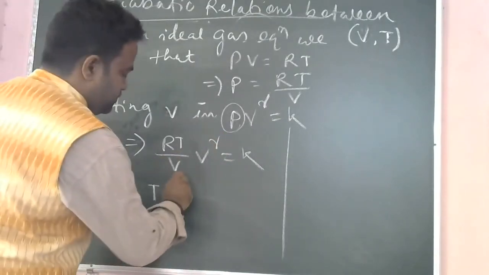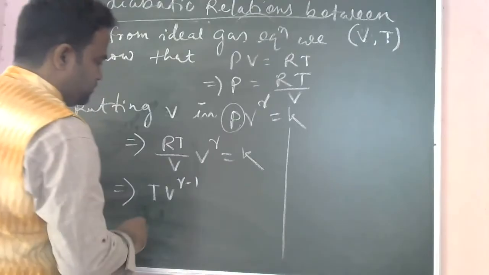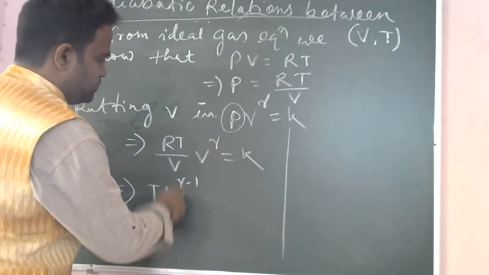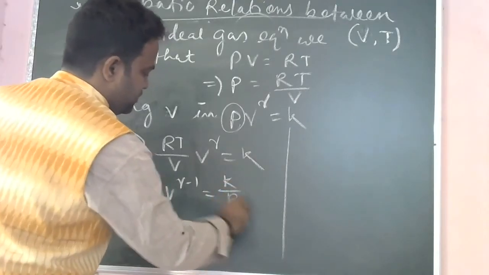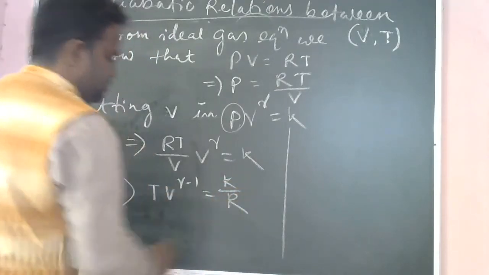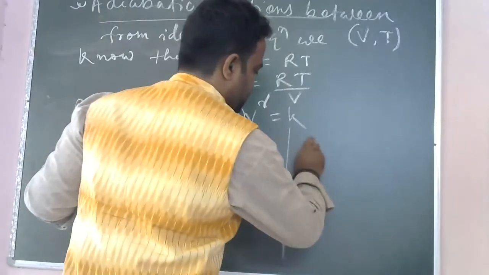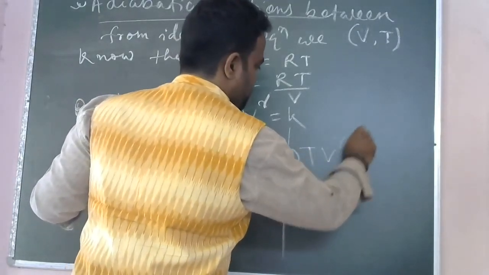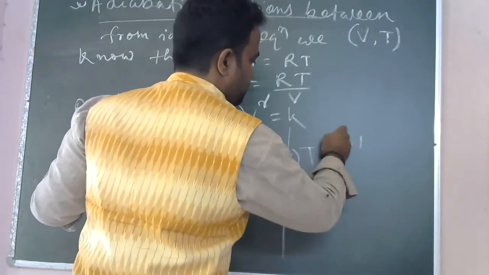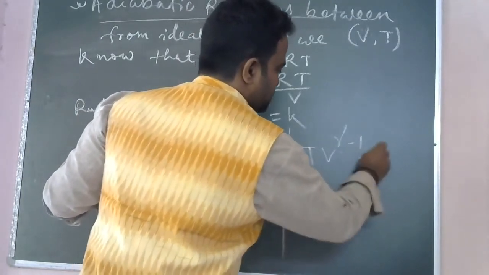So it will become V to the power gamma minus 1, T V to the power gamma minus 1. And I'll divide this R on the right side. So K by R, this is a constant. So I can write the final expression: T V to the power gamma minus 1 is a constant.